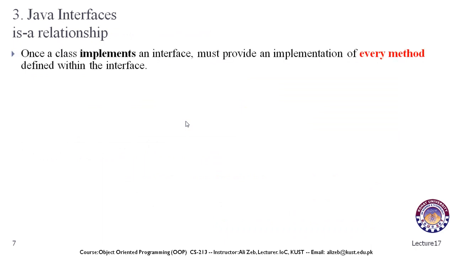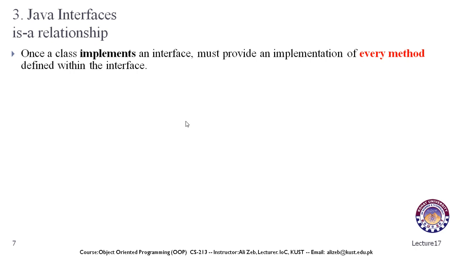There is a relationship between a class and the interface that it implements. Once a class implements an interface, it must provide an implementation of every method defined within the interface.